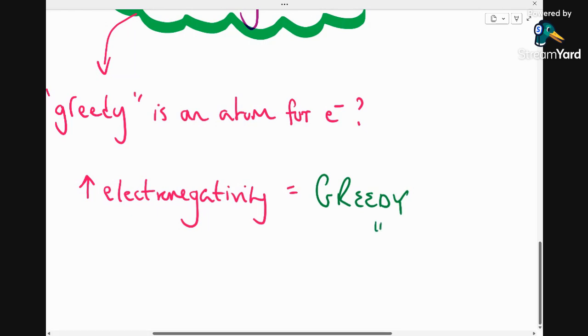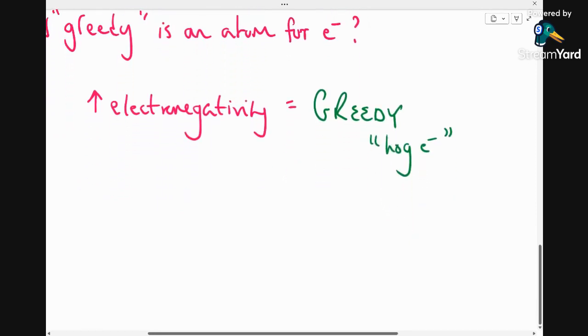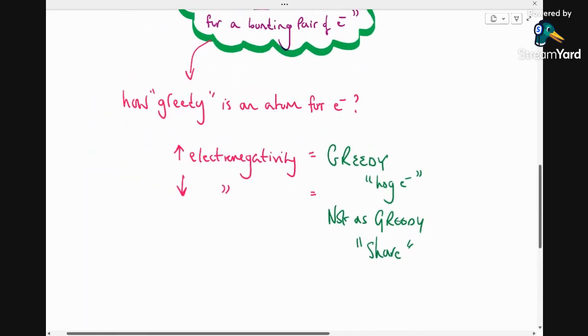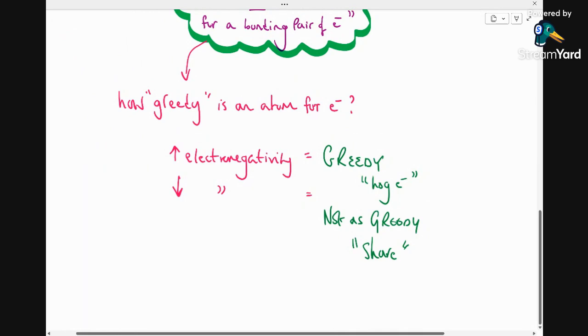You hog electrons. Essentially, you pull them towards yourself. And the opposite is true. If you have a low electronegativity value, then you will not be as greedy. And therefore you don't hog electrons. You're sort of more happy to share electrons rather than try and keep them for yourself.